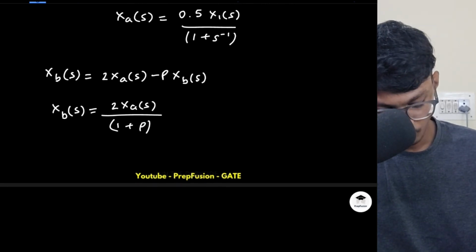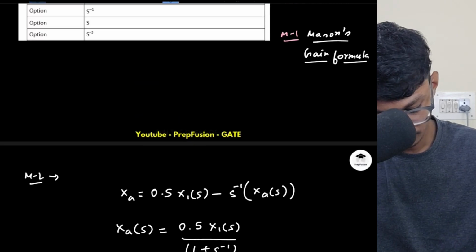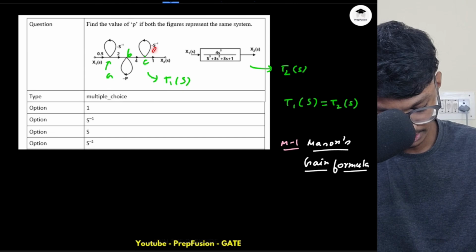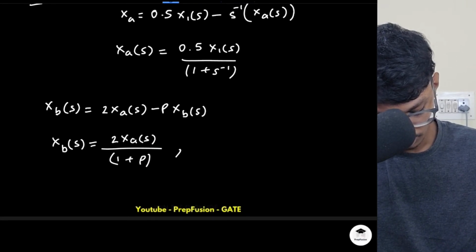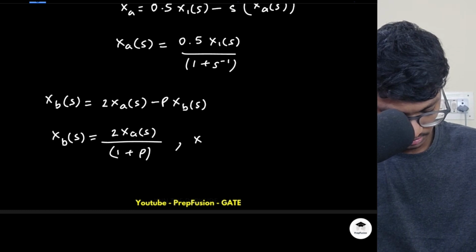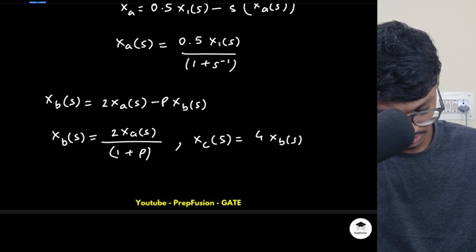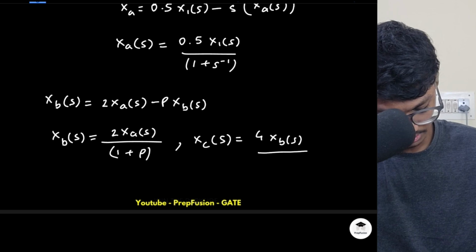What about C? Two things are incoming, again this minus s inverse and 4. So my XC(s), if you derive this simply, will be 4 times XB(s) divided by 1 plus s inverse.